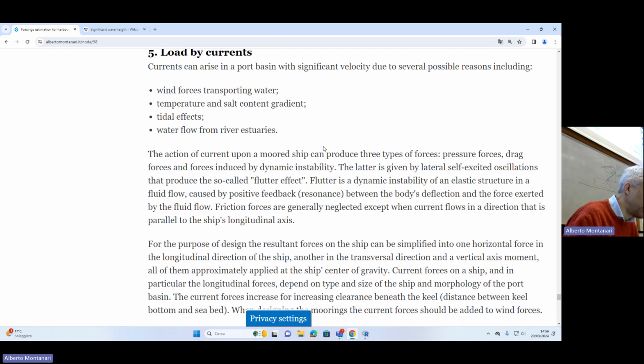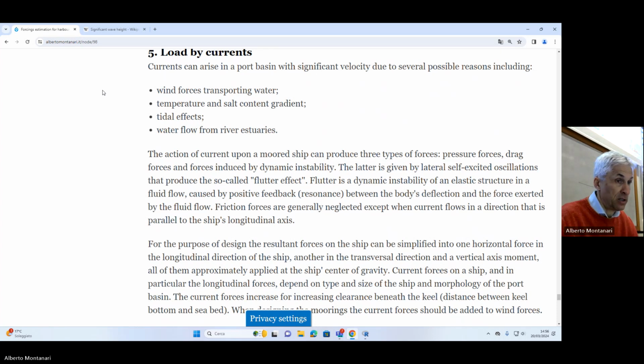Unless you are in this very specific situation, which may come by these forcings that you see on the screen, water flow from river estuaries, which may be periodic, tidal effects, which are periodic. But if you are not in one of these situations in which the period of currents may be close to the characteristic period of the ships, you can forget about the dynamic effect and you can only consider pressure and drag.